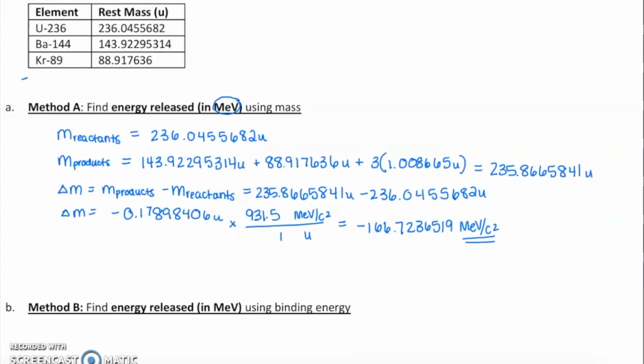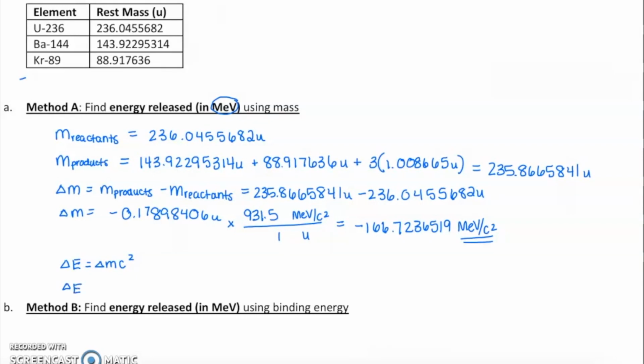I'll use my equation delta E equals delta m c squared to take that lost mass and turn it into energy released. So delta E is equal to my delta m, 166 with a whole lot of decimals. That's in mega electron volts per c squared.